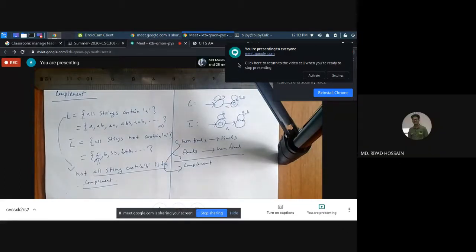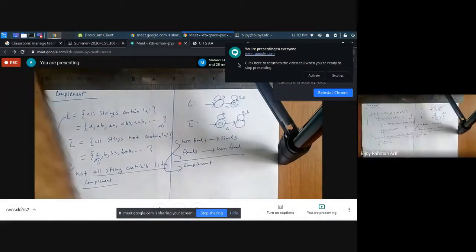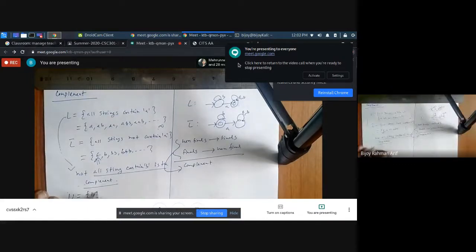So here we have automata that contain A. Now tell me, first, what is the complement of a language? Let's assume my universal set is 1, 2, 3, 4, 5, 6. A is nothing but 2, 3, 4.